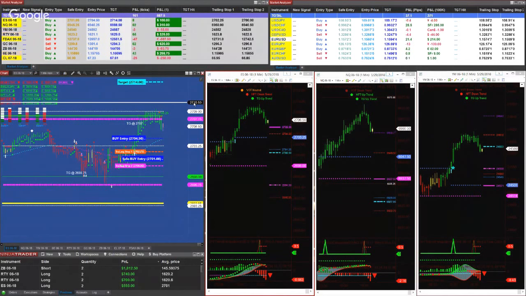So now we are looking for a short entry, and sometimes you have to be very fast if you want to follow me, because sometimes I can take all three at the same time: ES, Nasdaq, Dow Jones. Once the decision is made, the decision is made.